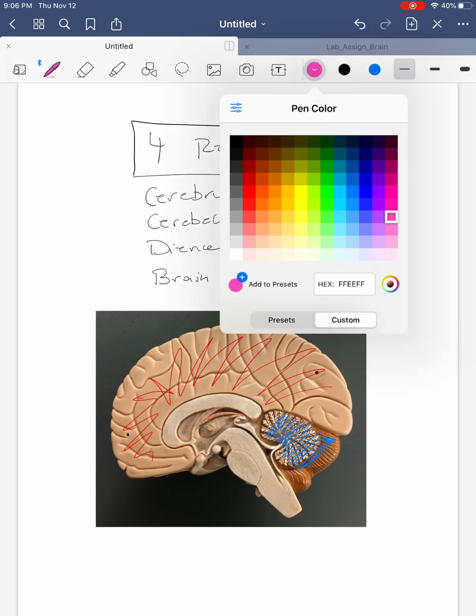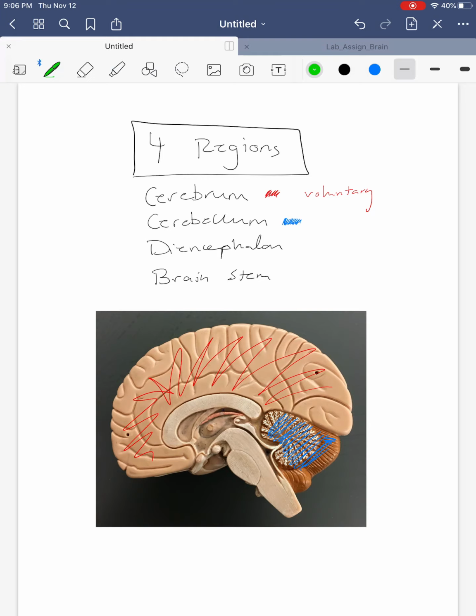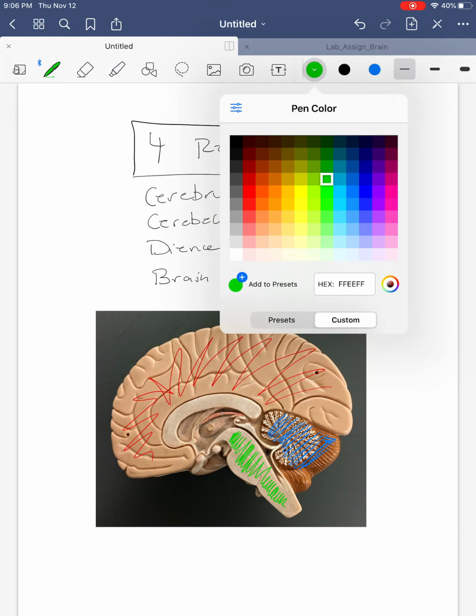The brainstem, as the name suggests, is the stem of the brain. So if this were a lollipop, the brainstem would be the stick that holds the lollipop. Which leaves last, let's see, what color can I use? Maybe I'll use white.